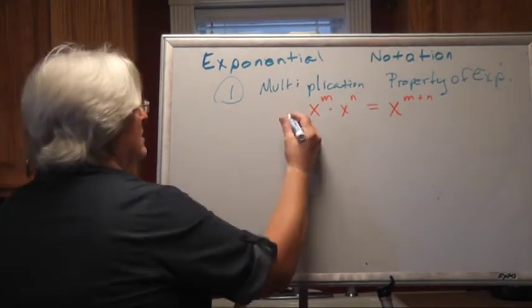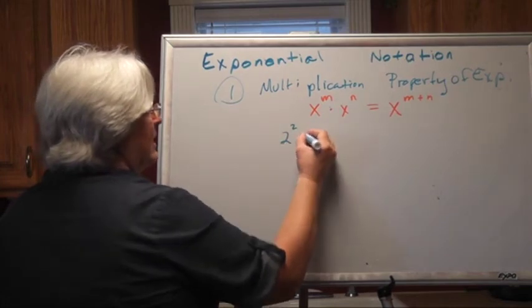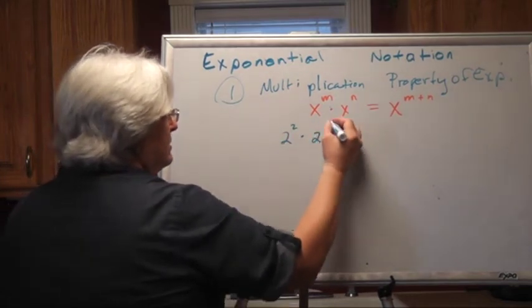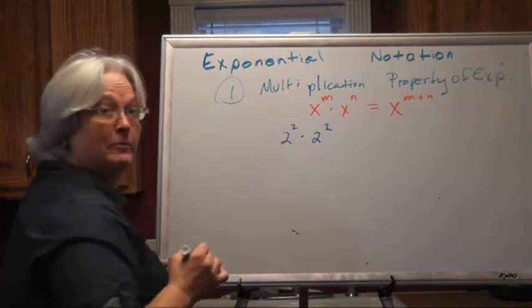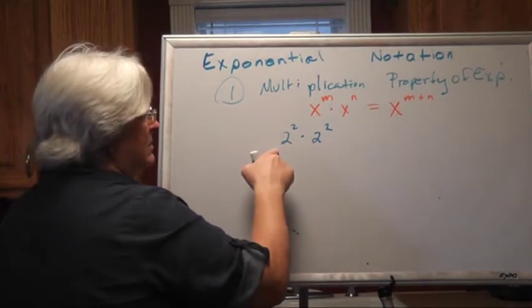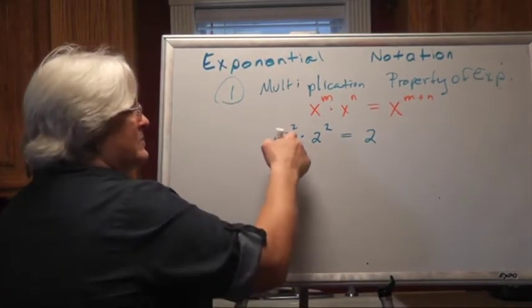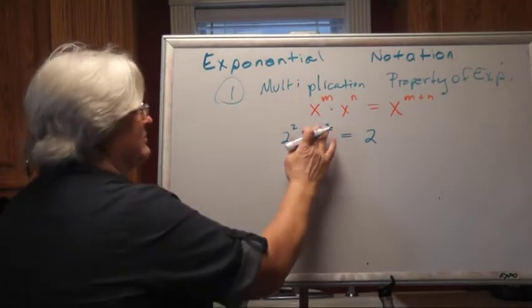For example, we have 2 squared times 2 squared. The bases are the same, so we keep that base. The exponents happen to be the same, but they don't have to be.